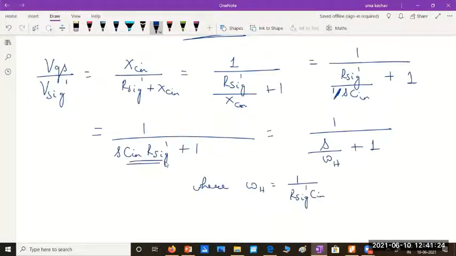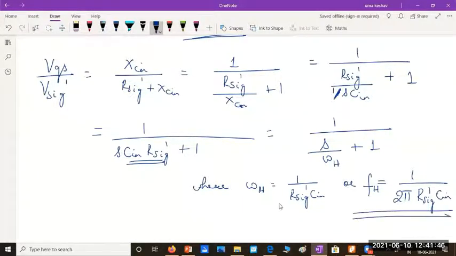So this R sig dash into C in can be represented as 1 by omega H, which we have written there, or if we are interested in the higher cutoff frequency FH, it can be represented as 1 by 2 pi R sig dash into C in. So please remember this equation.